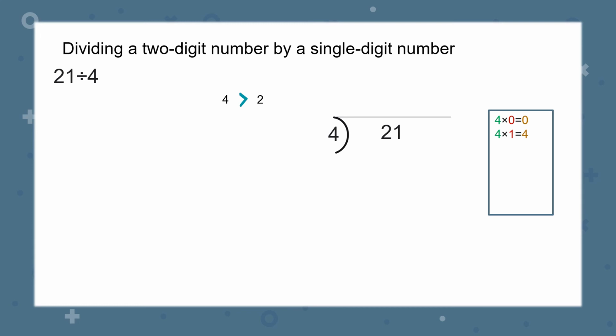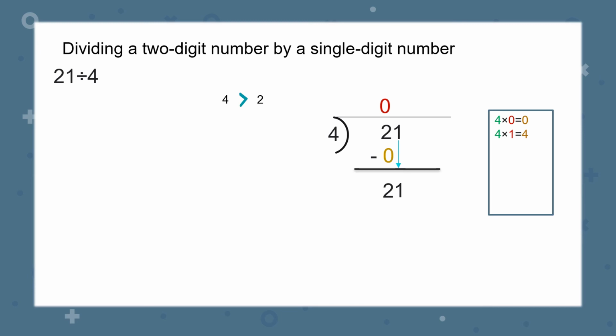As we get the product 4, but 4 is bigger than 2, so we will take 4 zeros are 0. So 0 we will write above 2 and one more 0 below 2. Now 2 minus 0 we will get the answer 2. Now we will take 1 down next to 2. Again we got the number 21.